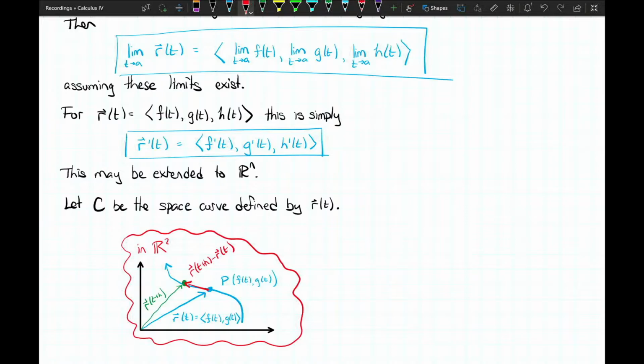Now it's simply a matter of seeing how that changes as h gets smaller. Scaling the length of that vector by 1 over h isn't going to change the direction. But as we also let h get smaller, the points get closer to each other, we should have a tangent vector, very similar to how we invented the tangent slope for a function y equals f of x.